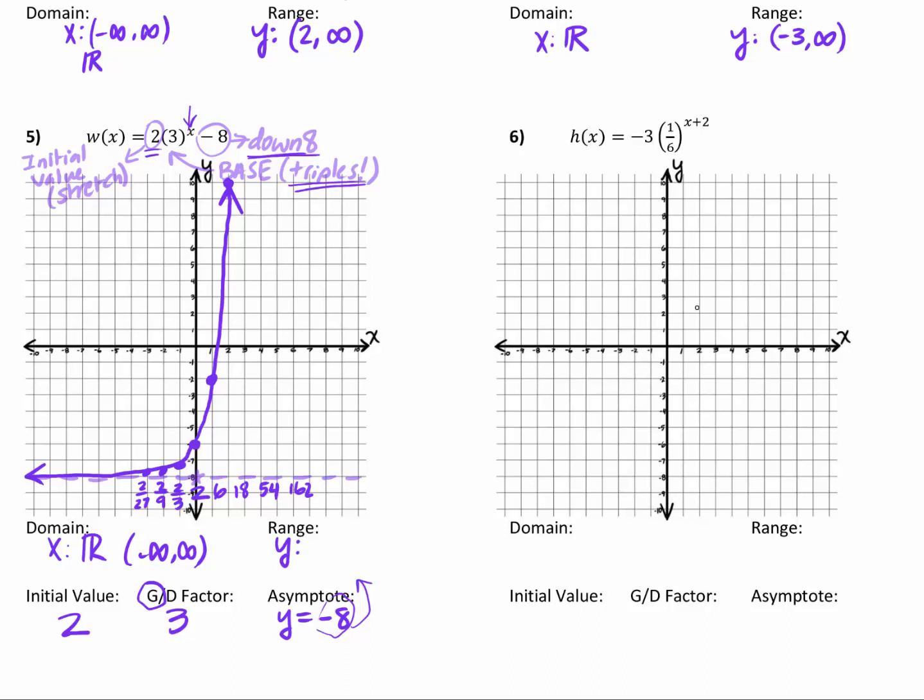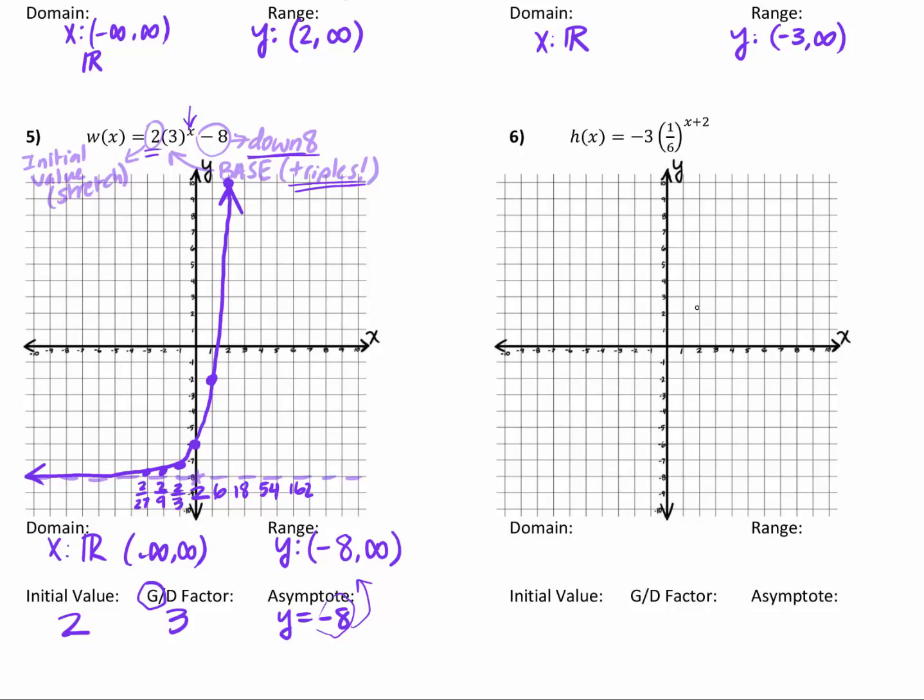There is nothing below -8. So -8 is the minimum. Infinity, going up, is our maximum. We will never stop continuing upwards with larger and larger answers. Now put a parenthesis on that -8 because, again, -8 as an answer is not something that's achievable. Let's go ahead and try number 6.